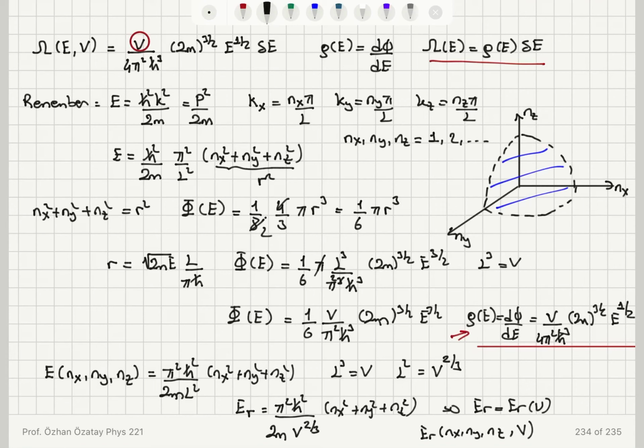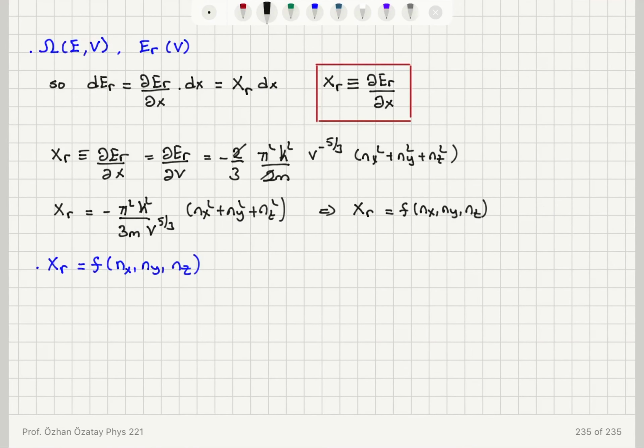And the energy levels we see here are given by momentum squared divided by 2m, and taking into account quantization of k values, we found that the energy levels depend on nx, ny, and nz, as well as the volume of the box. So the number of accessible states for energies in the range E to E plus delta E depends on the volume. The energy of each quantum state also depends on the volume.